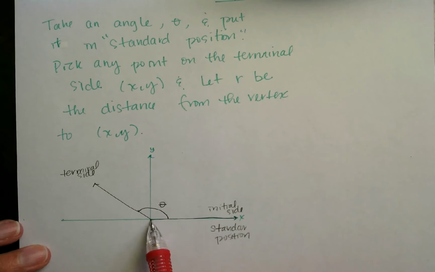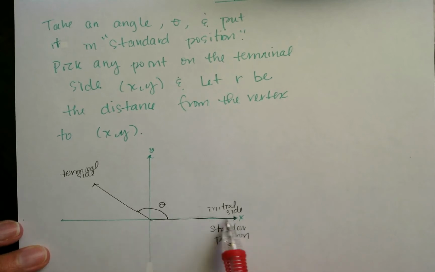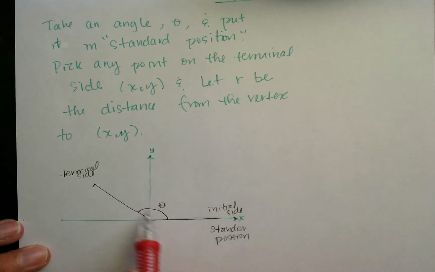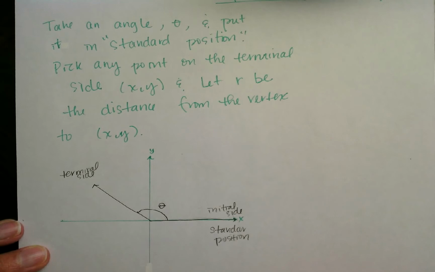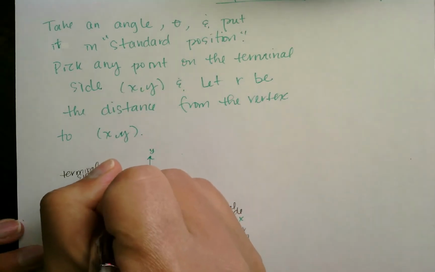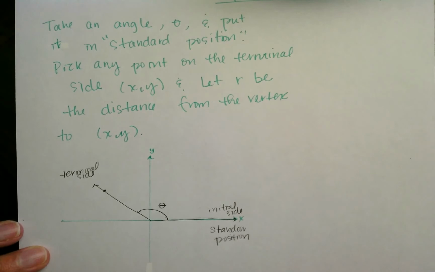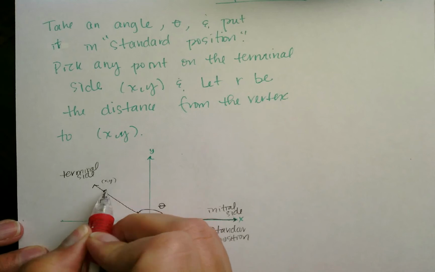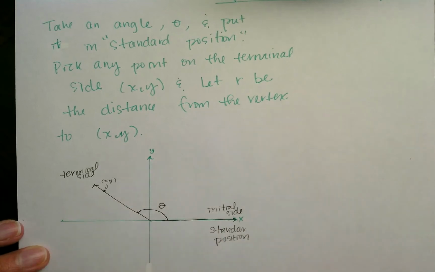But if you take an angle, okay, here's my standard position, starting at the origin on the right side of the x-axis, and then the terminal side is where the angle ends. The initial side is where it starts, the terminal side is where it ends. It said pick any point on the terminal side. So if I pick this point, any point on the terminal side, that's the point x, y.